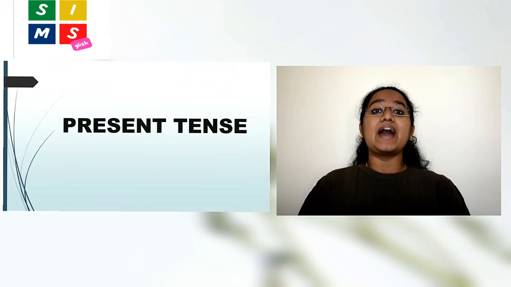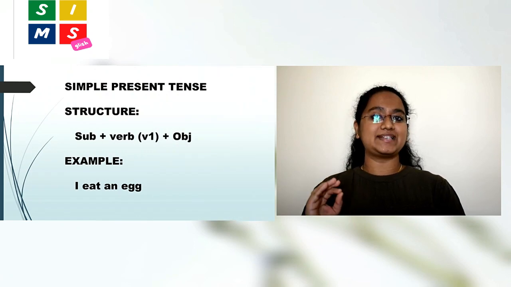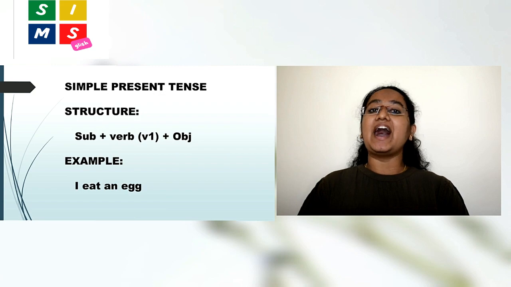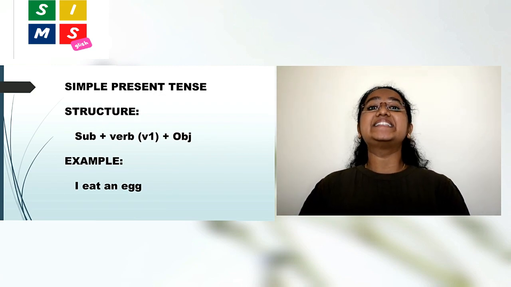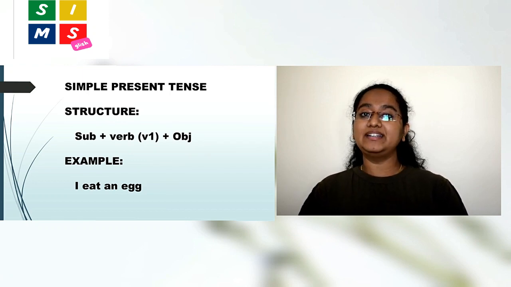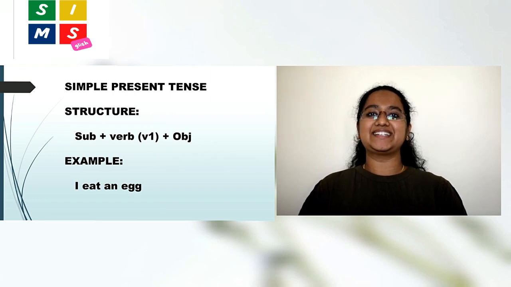Now, we will see about the present tense. And in the present tense, we are going to see the structure of simple present tense with an example. The structure of simple present tense is subject plus V1, verb 1 plus object.